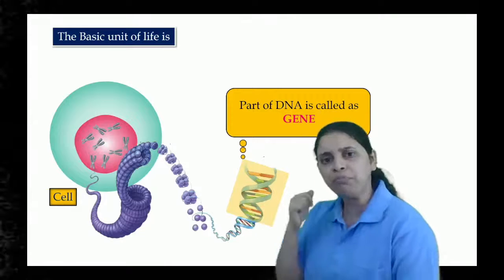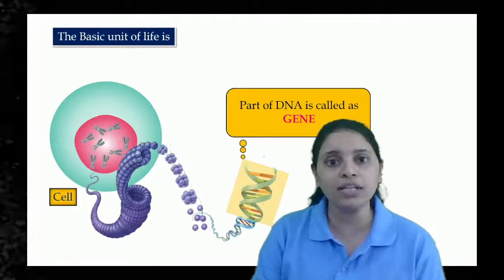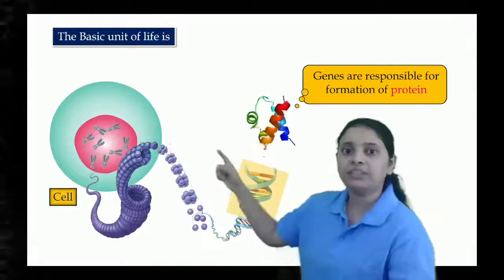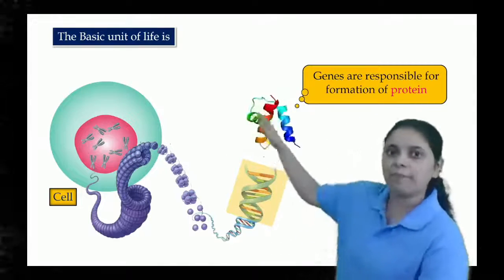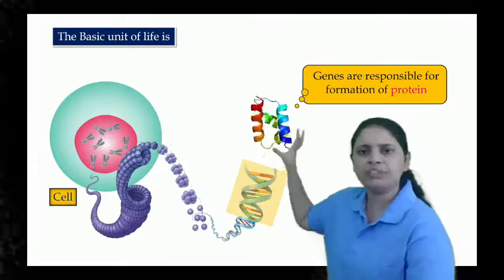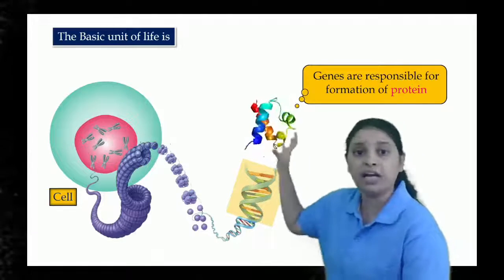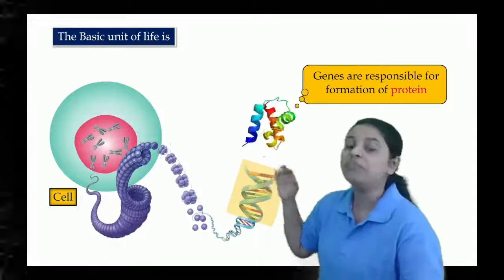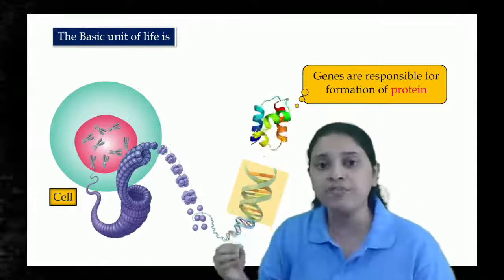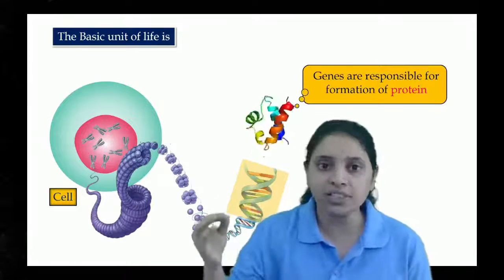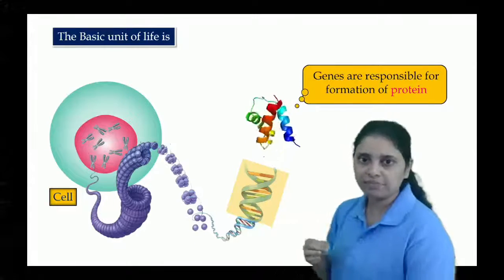Now, how does it perform the function? It is because this gene has information to produce a specific protein. जैसे यहाँ पे ये protein है, इसका कोई specific function होगा. It may be a hormone, it may be an enzyme, it may be a transport protein, any protein which will give a specific function, which will give a specific characteristic to the organism, right?